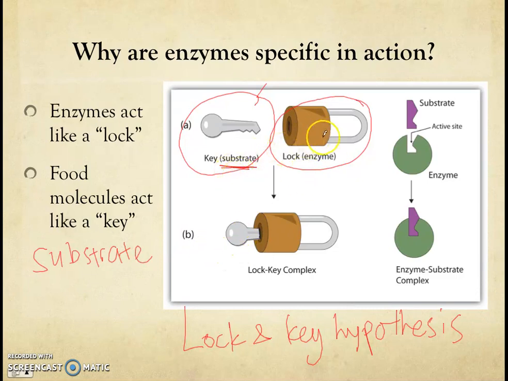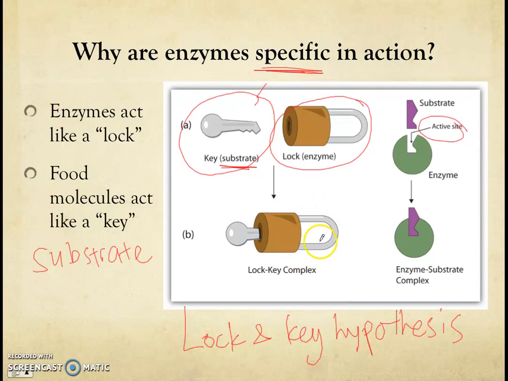Alright, so in this case, the enzyme is like a lock, right? It has a pocket, just like all your locks have a little hole to put the key in. That pocket is called the active site. And the substrate, in this case our food molecules, fit into the active site, just like a key fits into the lock. And this fit is very specific, right?